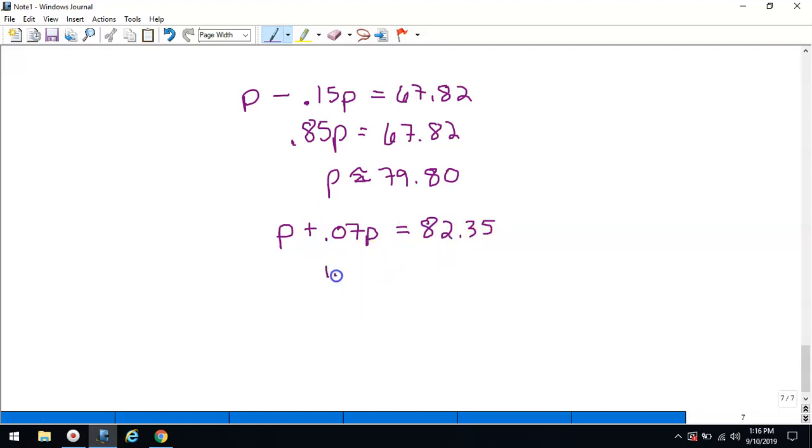So this is going to be 1.07p equals 82.35. Divide both sides by 1.07, and we get $76.96 approximately before tax. Okay.